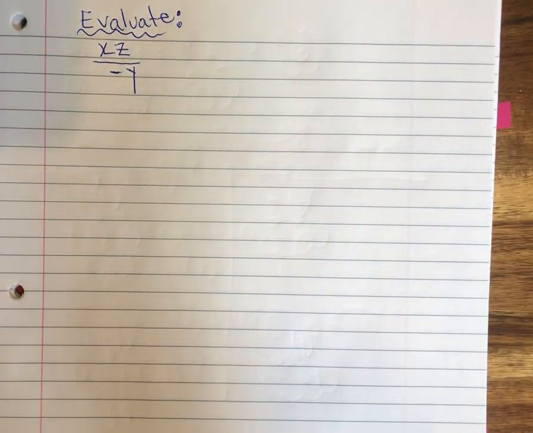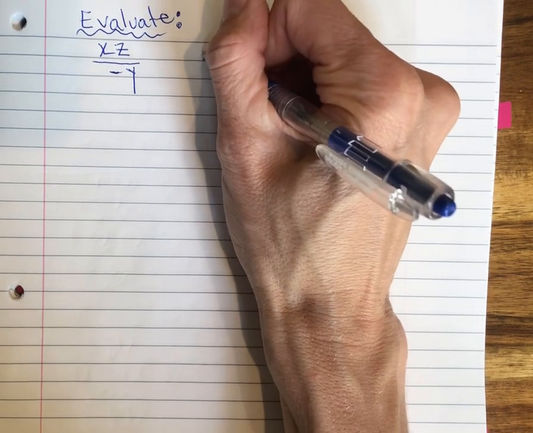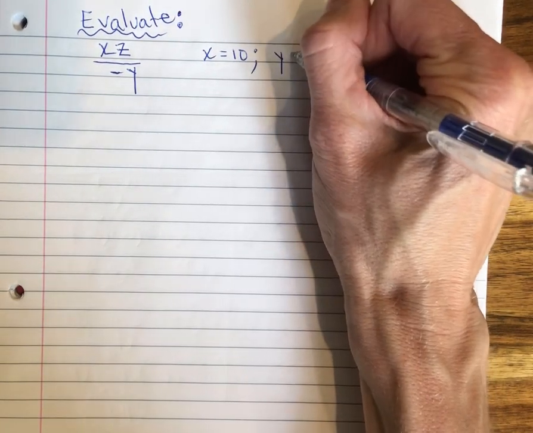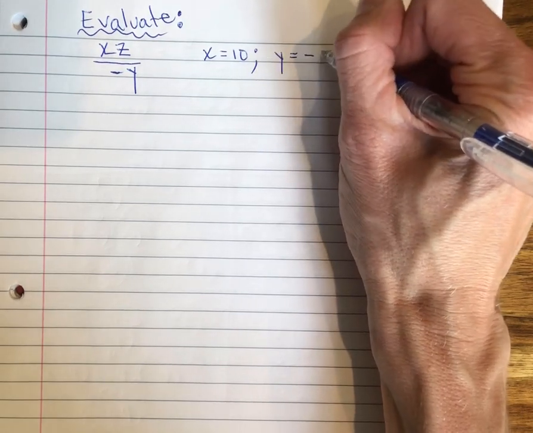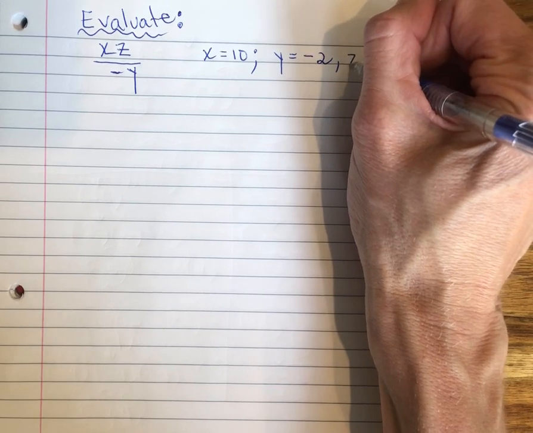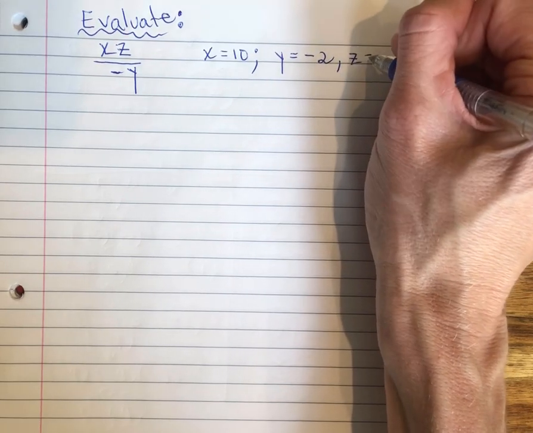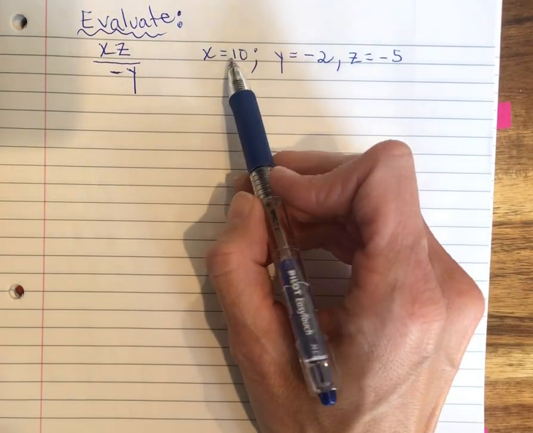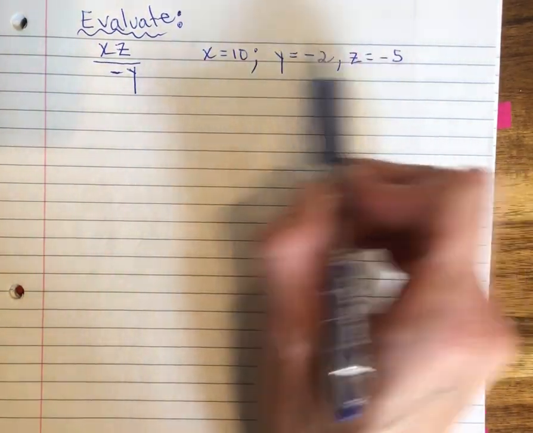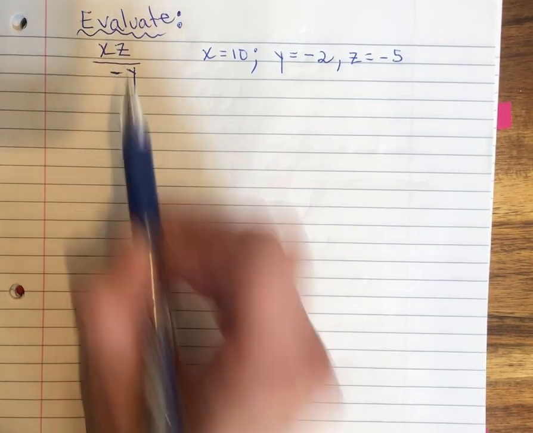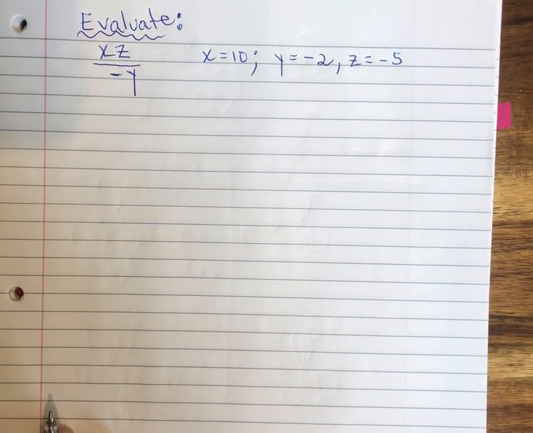Okay, so then of course you need to know what the values are. X will be 10, y will be negative 2, and z is going to be negative 5. So our job is to plug in these three values and solve, but we have to be careful with this right here. But let's deal with the numerator first.